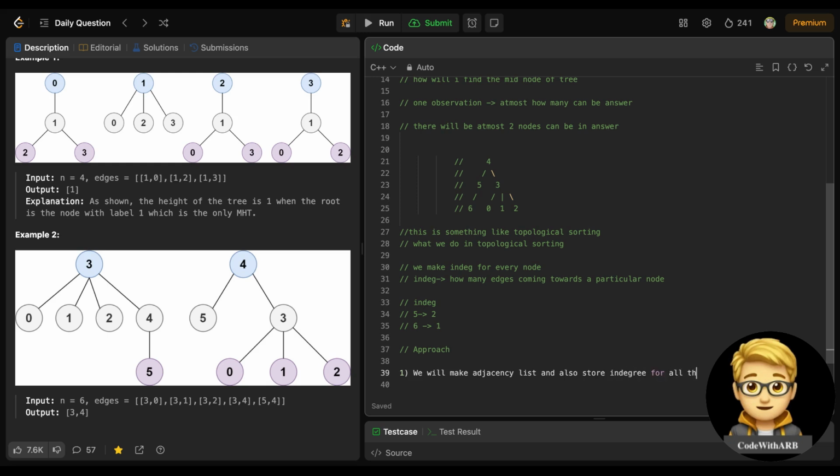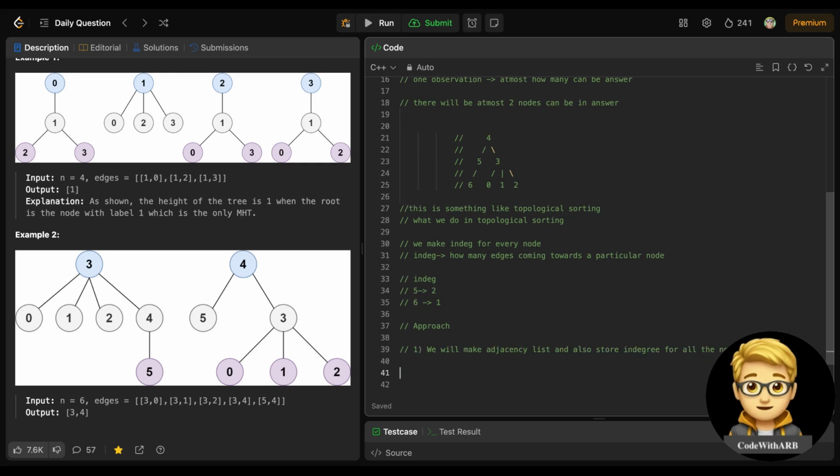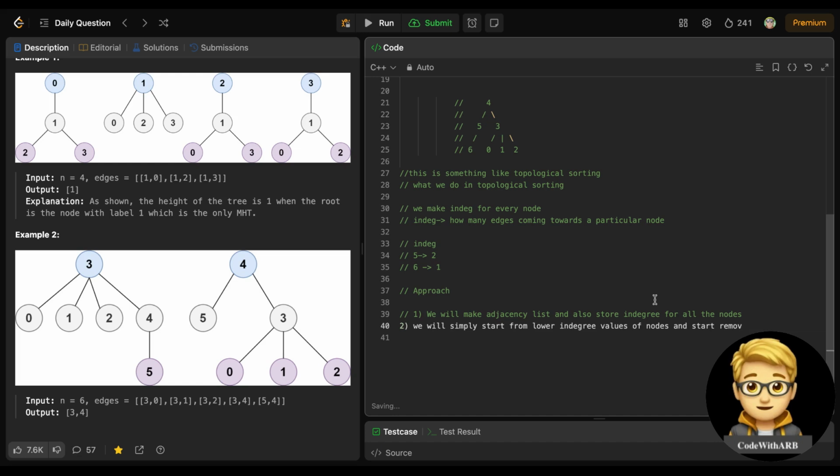For all the nodes, then what we will do, we will simply start from the lower in-degree value of nodes and start removing them from the tree, right?